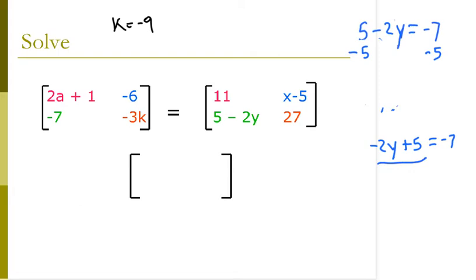So if we were to continue, let's say with the one on the top, 5 take away 5 is 0. So up here we have 0 minus 2y. And of course, if we subtract from 0, it leaves us with a negative. So we would end up with a negative 2y. So the result of that first subtraction is negative 2y.